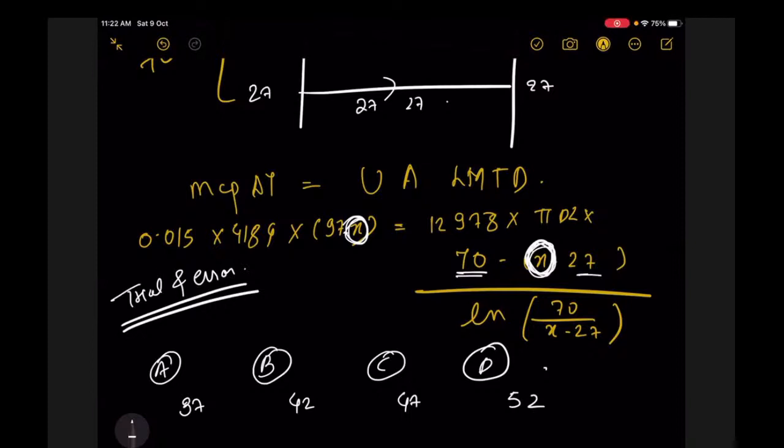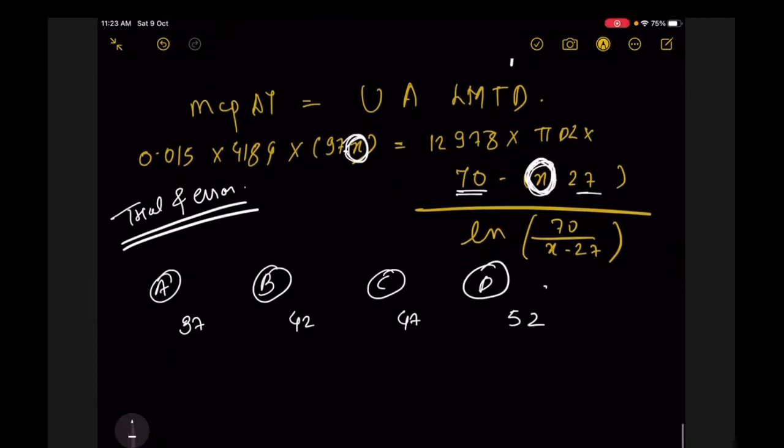So tell me what the answer is. If you solve this, your x will come to 37 degrees centigrade.